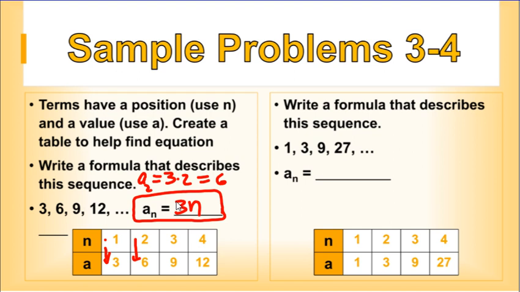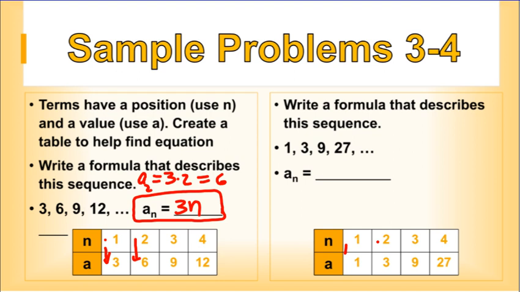The next one, write a formula that describes this sequence. 1, 3, 9, 27. So the first term is 1, the second term you get a 3, the third term you get a 9, the fourth term I get 27.